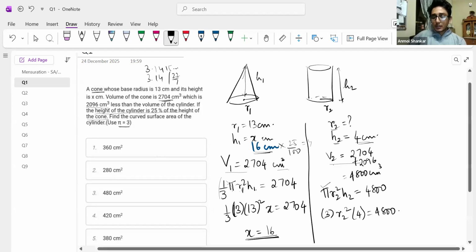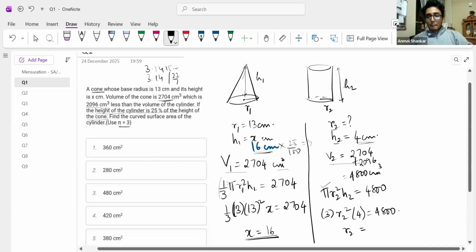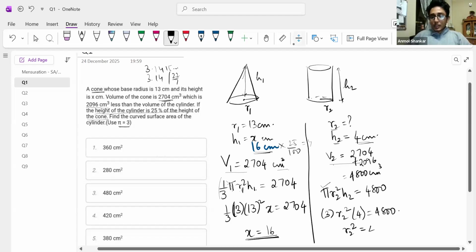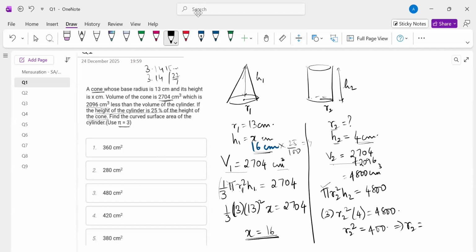So now tell me, what is the value of r2? R2 square is 400, first r2 square comes as 400, then r2 will be 20. Sir, 20, right, very good.